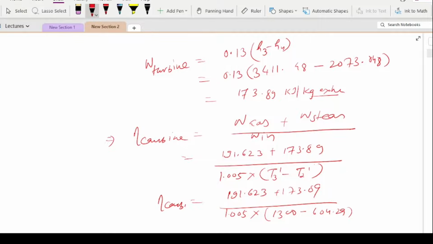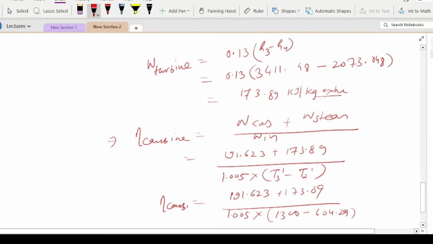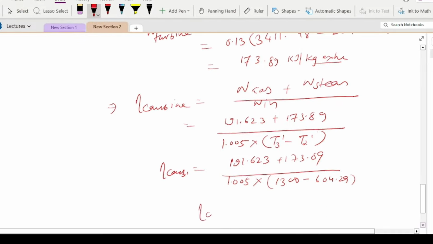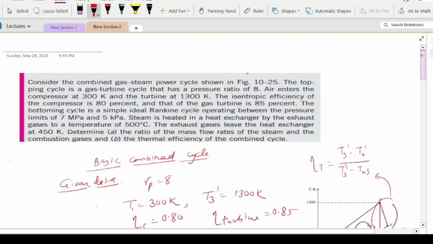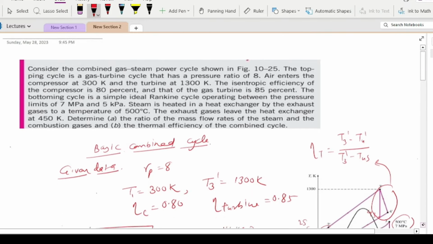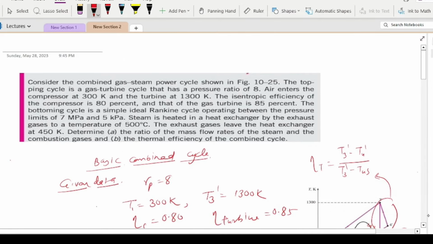Solving this, eta combined is coming to 52.27%.